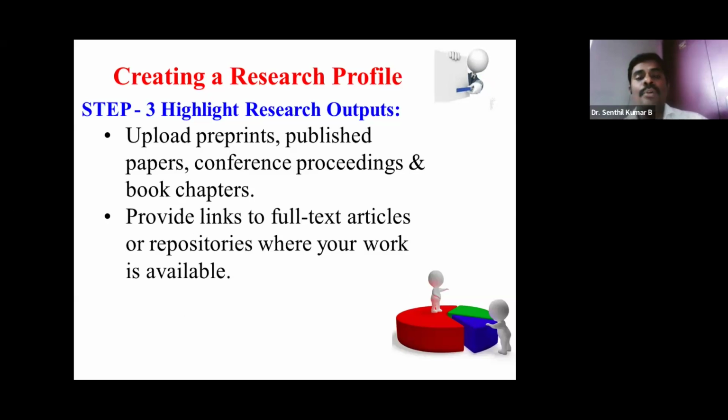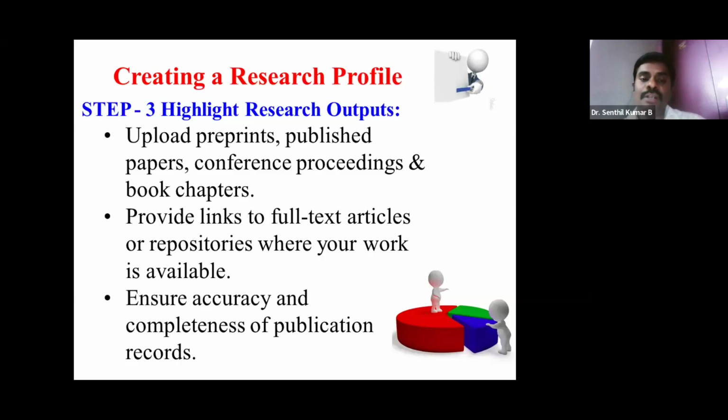When you upload the abstract of your research, they keep on asking you to send the full text article so that they can use it for reference. So always see to it that either you provide a link for your published article, or you upload the full text itself so that it can be used and your citation count will improve.